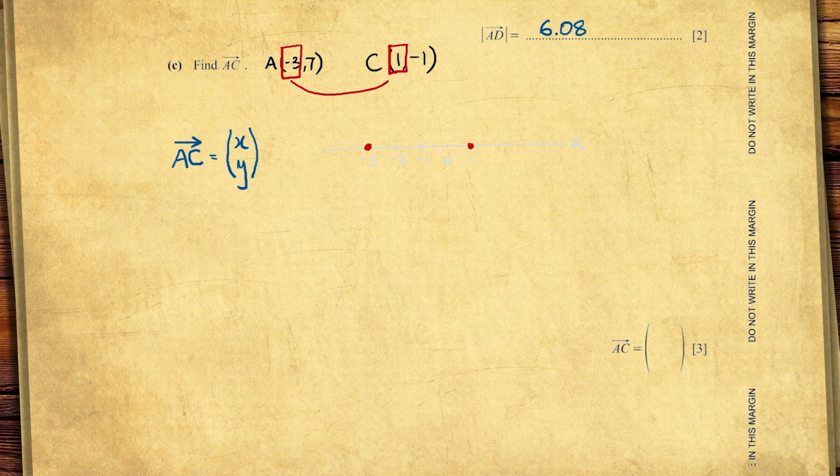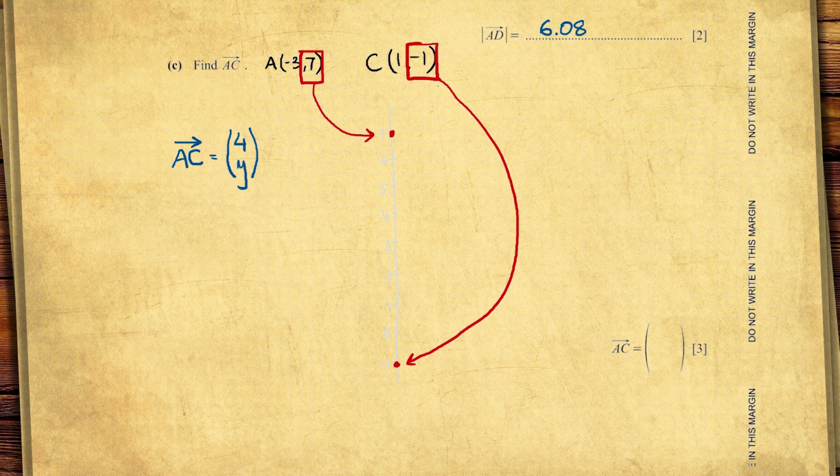And if we move from A to C, we move 1, 2, 3 and 4 units to the right. That means +4. So the x value of this vector will be +4. And if I draw the y-axis, the y coordinate of point A is over here at 7 and the y coordinate of point C is over here at -1.